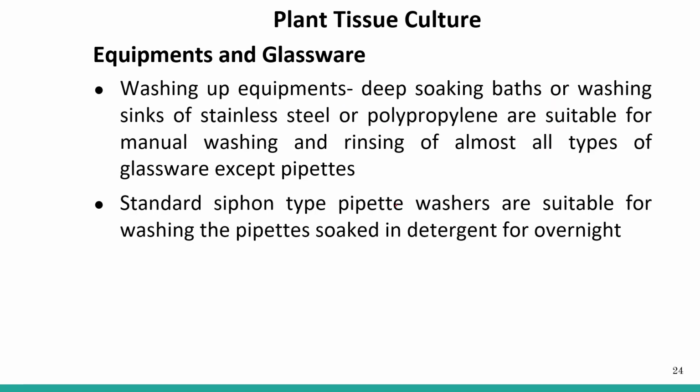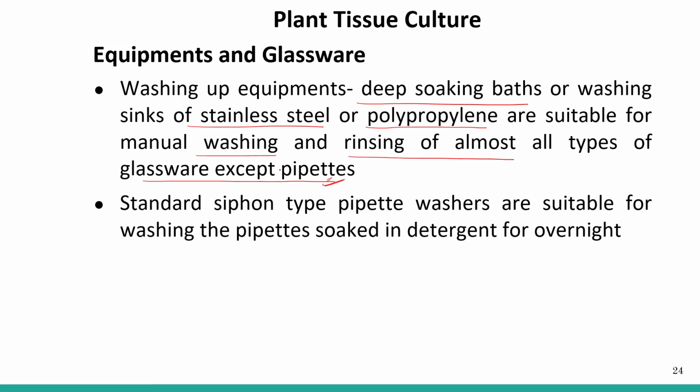This is very important. Washing up equipments: deep soaking baths, or the washing sinks of stainless steel or polypropylene are suitable for the manual washing and rinsing of almost all types of glassware except pipettes. Pipettes are of glass.